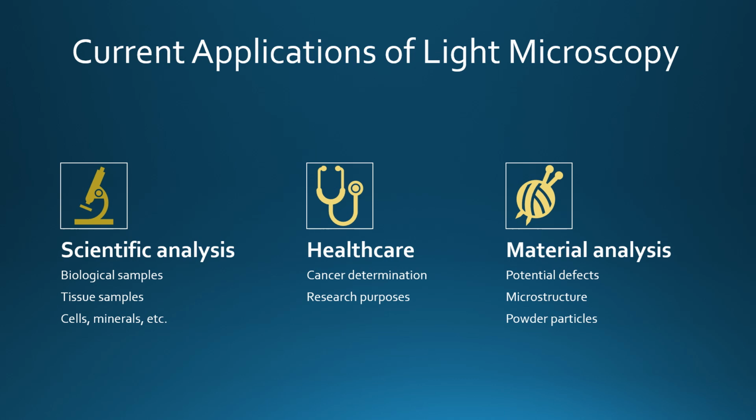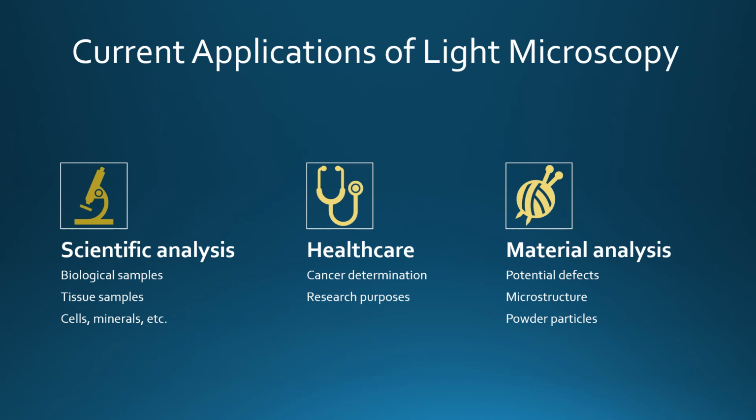In healthcare, light microscopy can be used in benign versus malignant tumor differentiation, meaning it can be used to determine whether a cancer is malignant, meaning it is actively growing and it is life threatening, or it's benign, meaning it is not life threatening, but potentially needs to be removed before it becomes malignant.